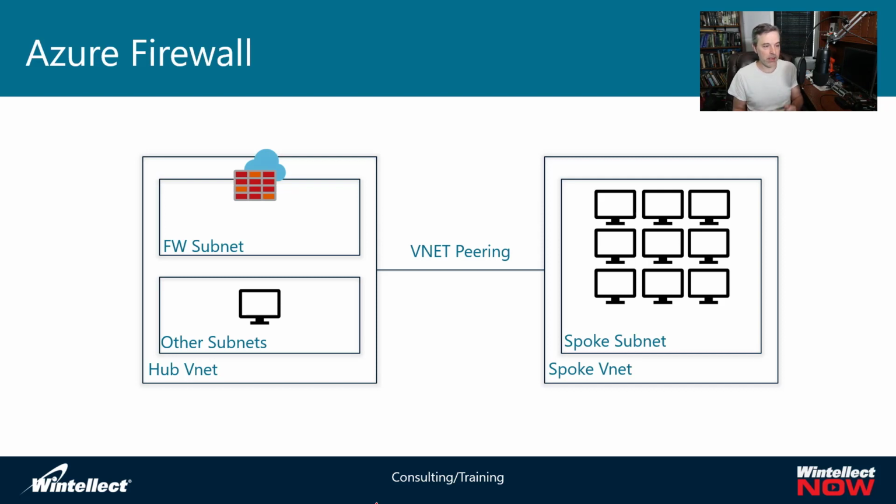With a firewall there or some kind of appliance, you can set up routing in that firewall, and it will allow you to communicate between different spokes or have traffic forwarded back to on-premise, or vice versa, have on-premise traffic back into your spoke VNets, depending on however you set that up.